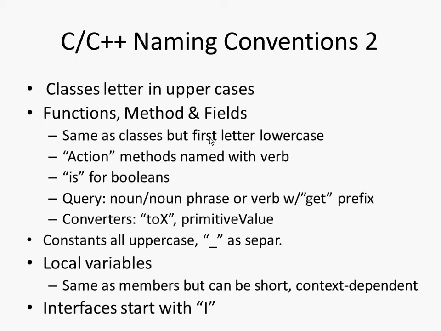And if you have an interface, which is maybe a more advanced thing you won't see in 270 but is an important concept, kind of like a class but it doesn't define an implementation, it defines a contract, they start with a capital I. Okay? So these are some conventions that are often used.